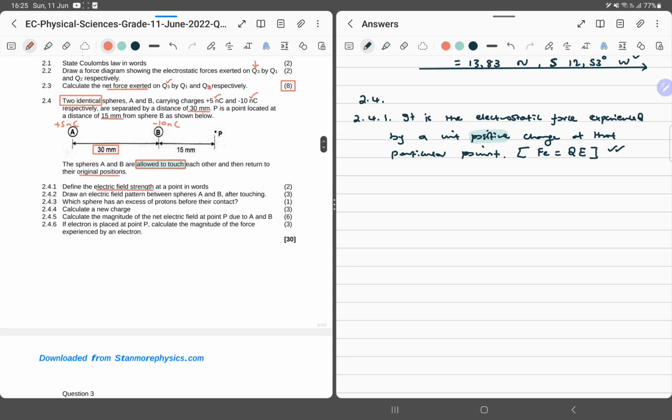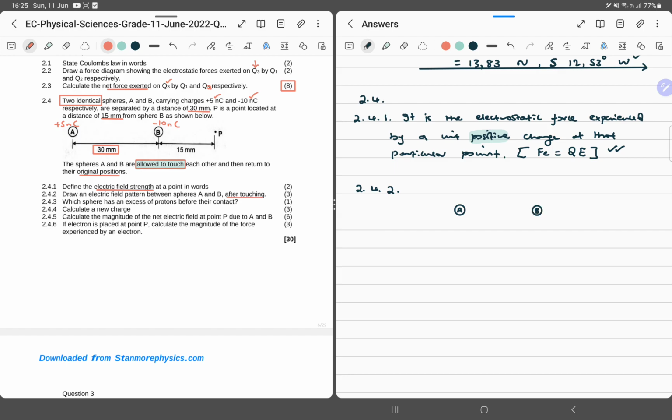It says now 2.4.2, draw an electric field pattern between spheres A and B after touching. So say this is our A here, and that is our B right there.